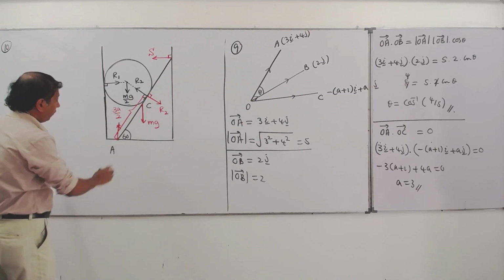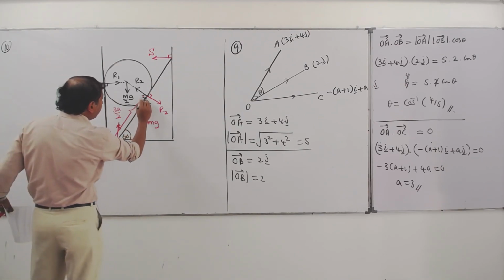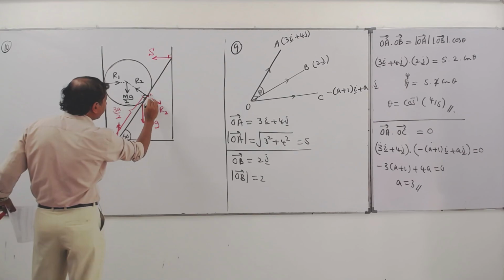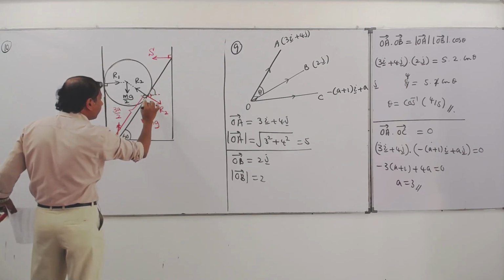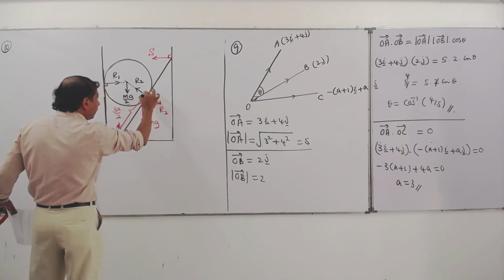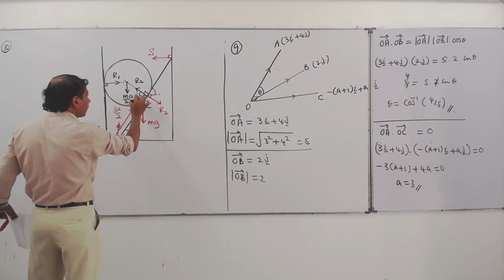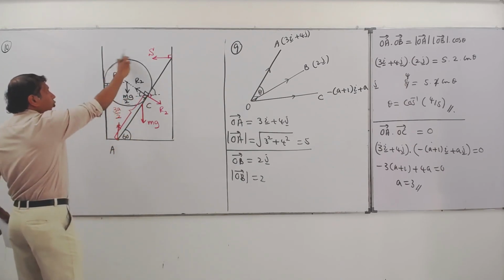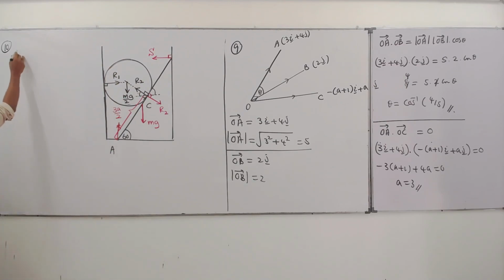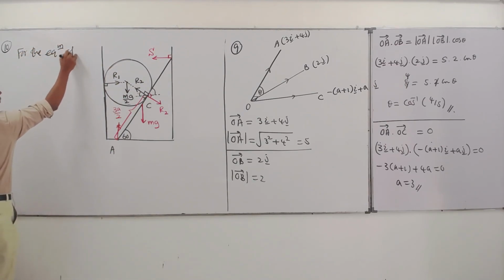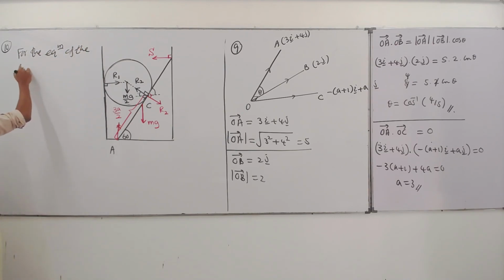Okay. You know this is 60. When I draw a horizontal line here, this should be 60. When I draw, this is 90, no people? This is 90. Then this angle should be 30. This angle is 30. For the equilibrium of the lamina, we resolve forces upwards.